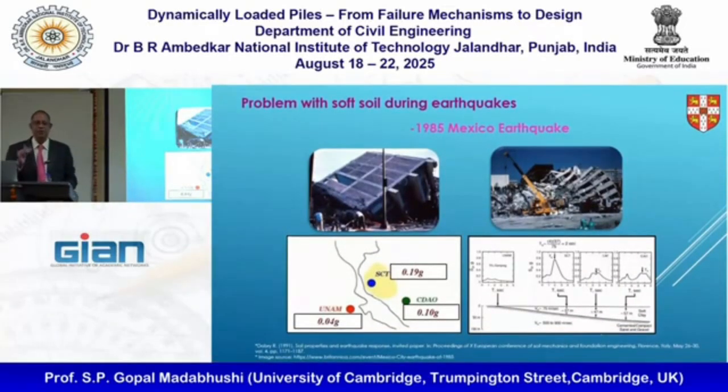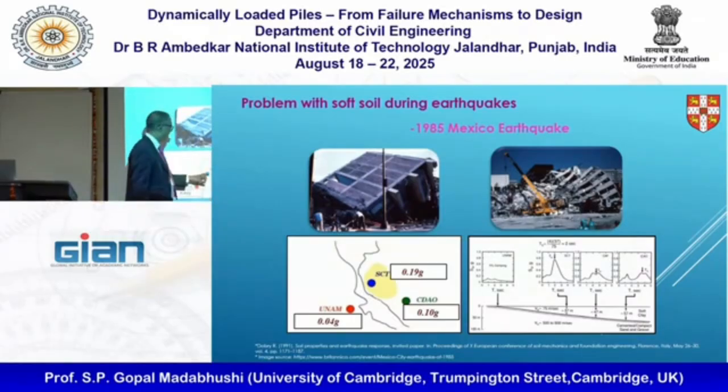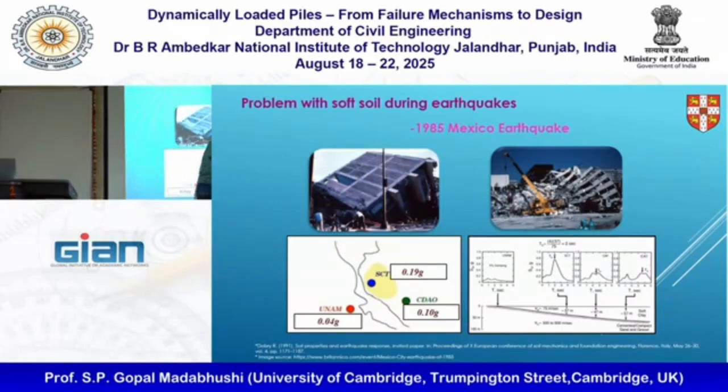The buildings which were 20 to 25 stories all collapsed. This was a very interesting problem to look at at that time. People looked at how the depth of the clay layer increased from here to here. It goes deeper and deeper because Mexico City is on a dried out clay bed, so the clay is very soft. It's a very famous geotechnical case.